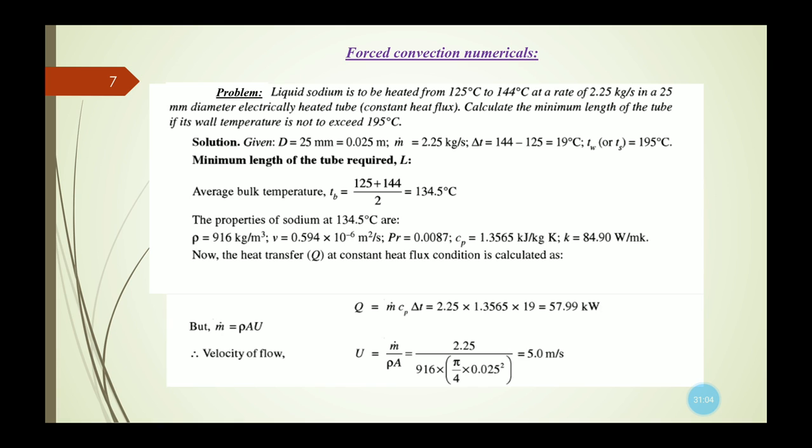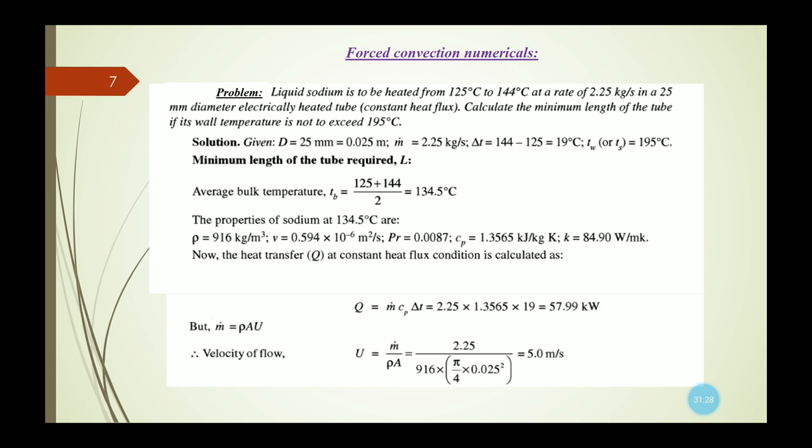Now the properties of sodium at this 134.5 degrees centigrade are actually given in this numerical. So rho, the density, then the kinematic viscosity, Prandtl number, specific heat, and thermal conductivity. So these 5 different property values of the sodium are given in this numerical.